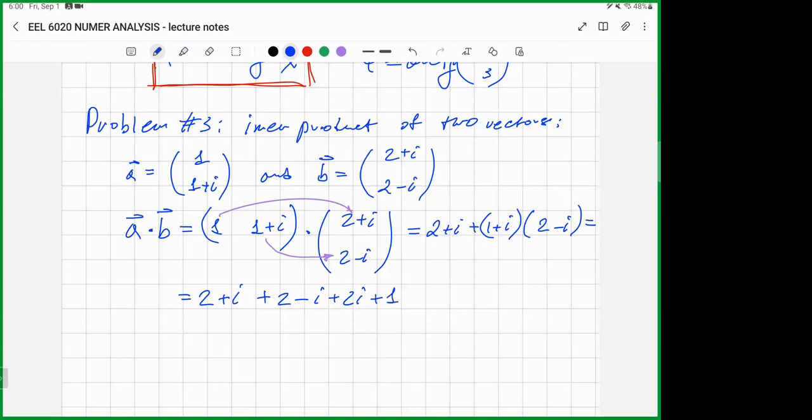So the i's cancel out, and 2, 2 and 1 give 5. So the result is 5 plus 2i. As you can see, the inner product of complex vectors is just a scalar.